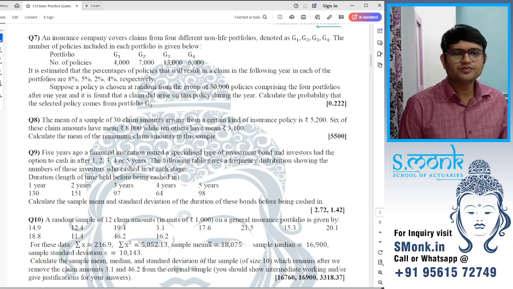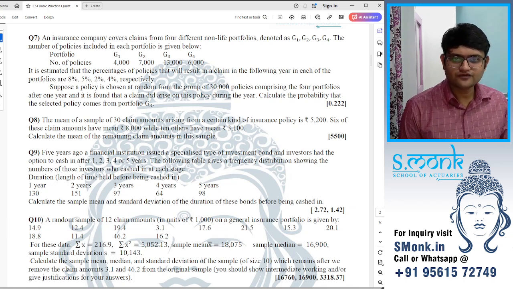An insurance company covers claims from 4 different non-life portfolios denoted as G1, G2, G3, G4. The number of policies included in each portfolio is given below. It is estimated that the percentage of policies that will result in a claim in the following year in each of the portfolios are 8%, 5%, 2%, and 4%.